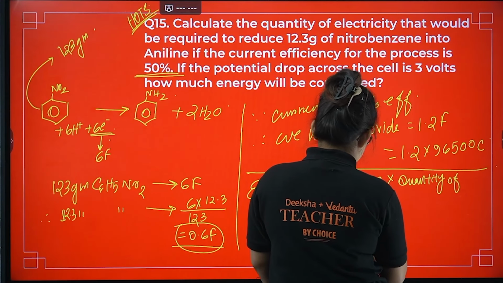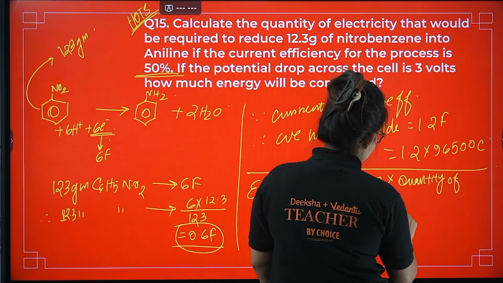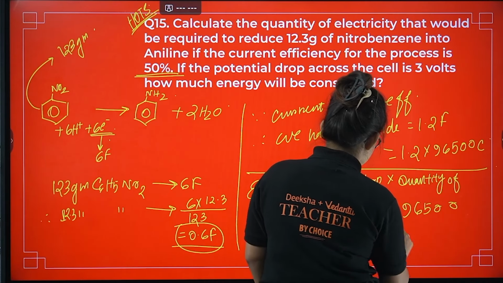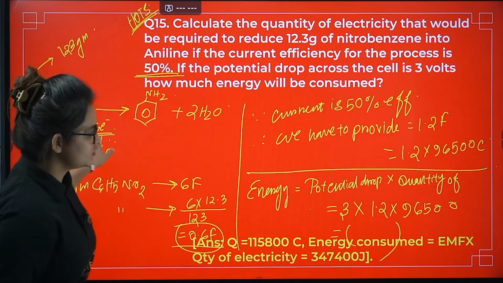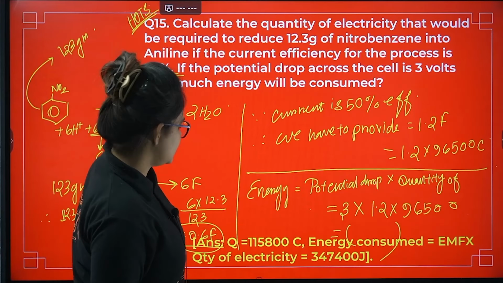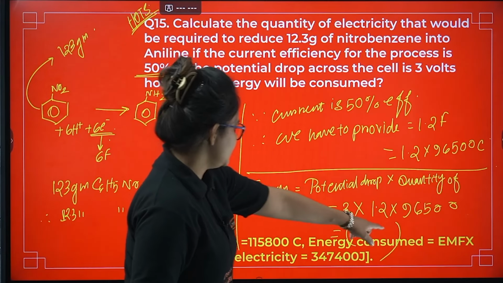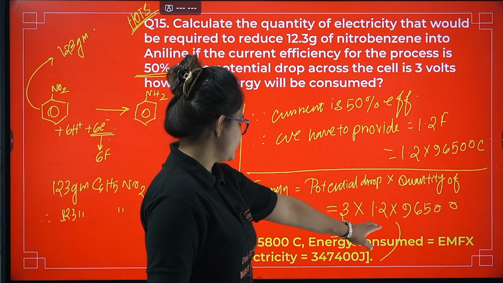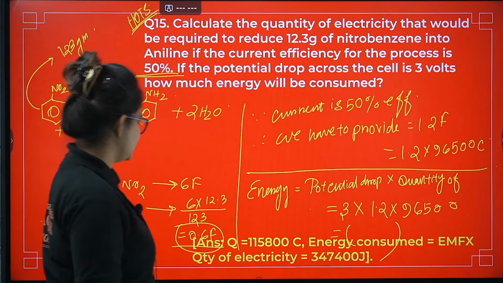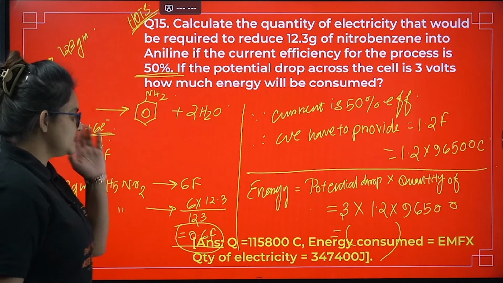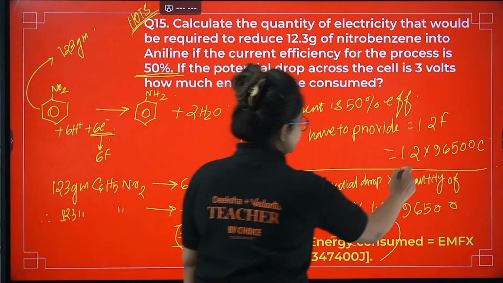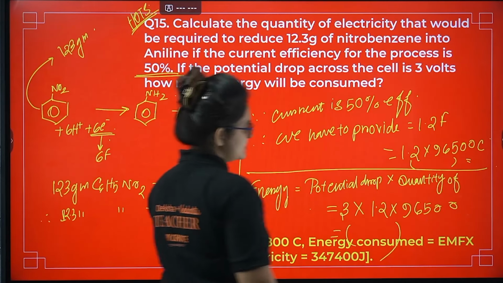Okay, so that into 1.2 into 96500, so that will give you the answer. Okay, so you can see the energy should be EMF into quantity of electricity, so you will get 347 into 400, something like that. Okay, so I guess it is clear for you. From here actually you can find out the Q value. Okay, I guess this is clear.